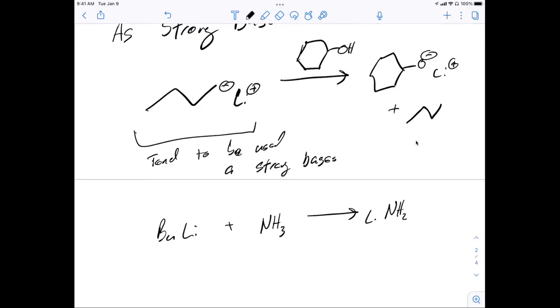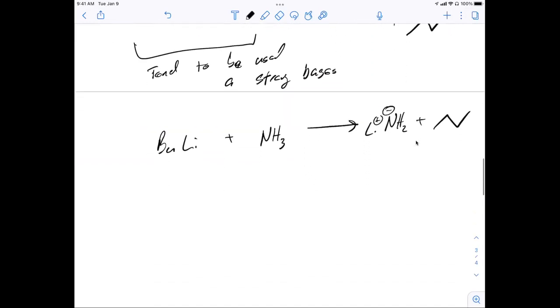We'll make the amide, plus the butane. We can also use Grignards to do this. This is totally possible.